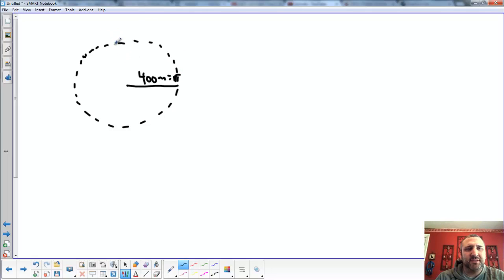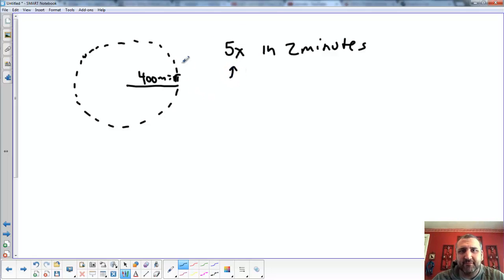And let's say the plane goes around this circle, I don't know, 5 times in 2 minutes. Now this is an issue because this is not going to give us a period. We have cycles, the 5 loops, and minutes, so we've got time.